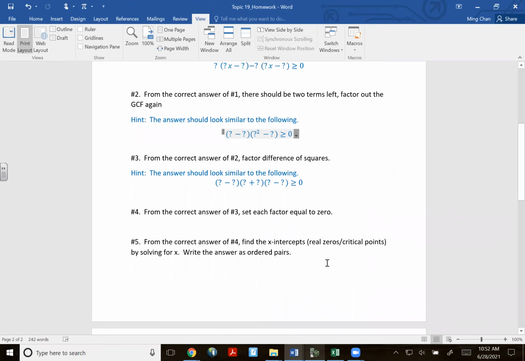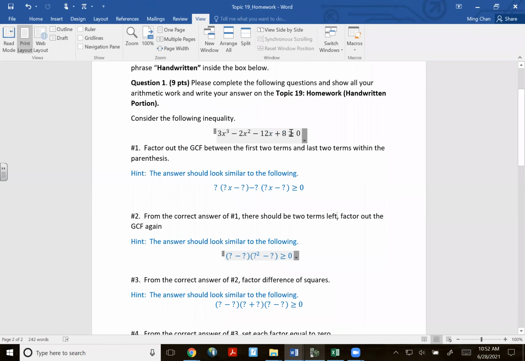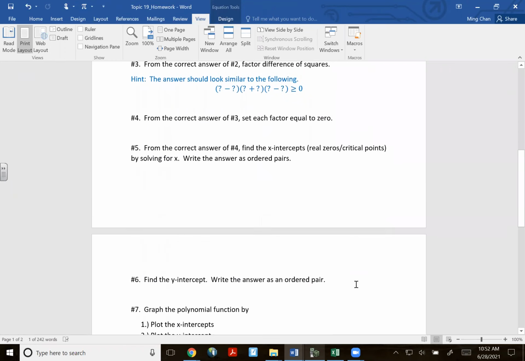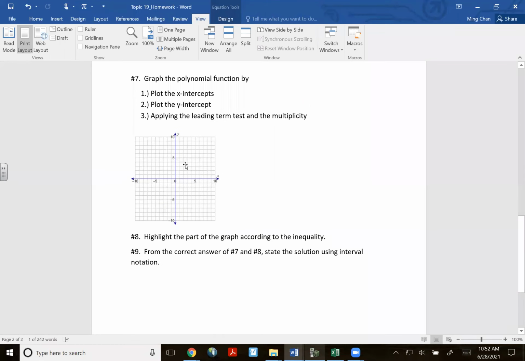If I scroll back up, this problem, reading from the variable, is greater than or equal to 0. So I need you to highlight the part that's above the x-axis. Greater than or equal to 0 means look at what's on the x-axis and above. And number 9, tell me what the solution is using interval notation. Stating the solution means stating the part that is above the x-axis.